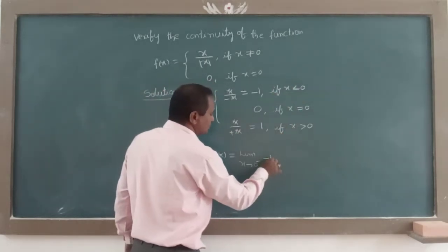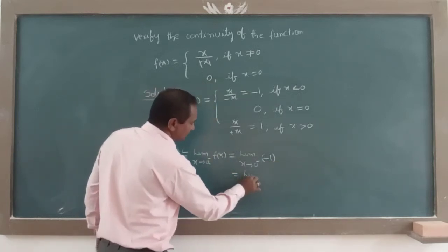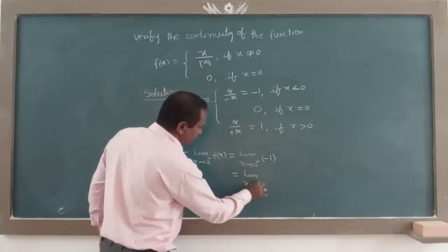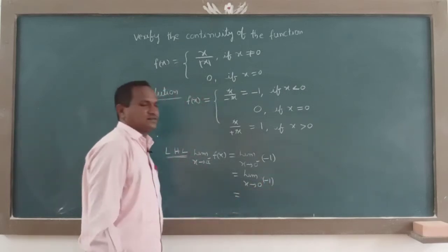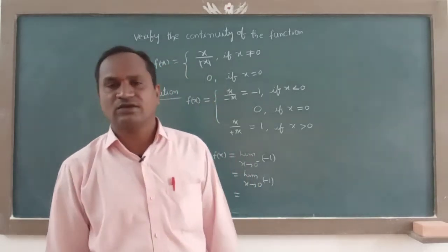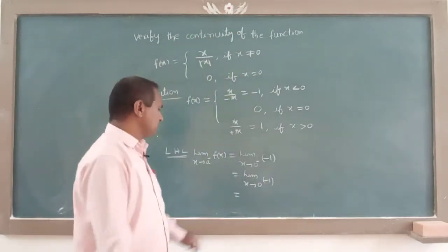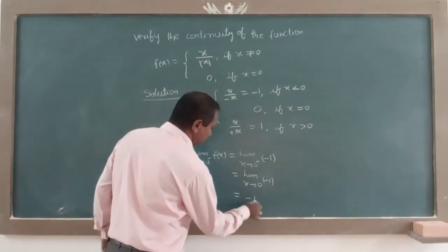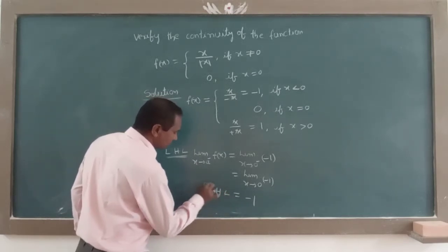Instead of f of x we write minus 1 here: limit x tends to 0 of minus 1. Minus 1 is a constant function, and the limit of a constant function is always that constant at any real number. That's what we write here, minus 1 only. LHL is equal to minus 1.